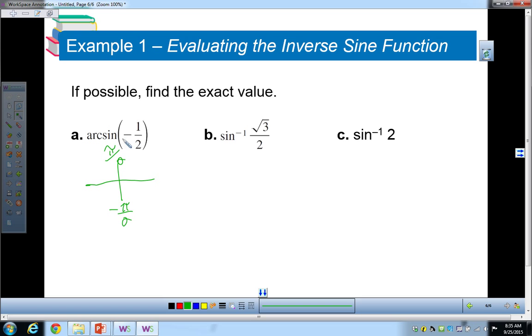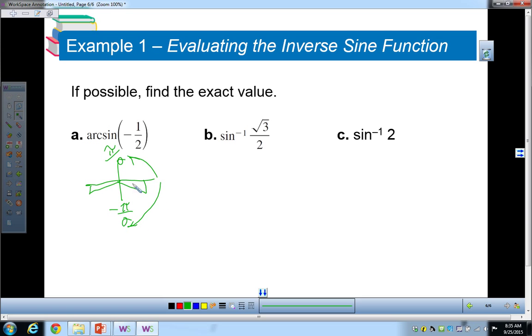Where is sine negative 1/2? Not 150 degrees, it'd be positive 1/2. So it'd be here, right? Because sine is negative there, and sine is negative here as well. However, arc sine is only defined from this area to this area.